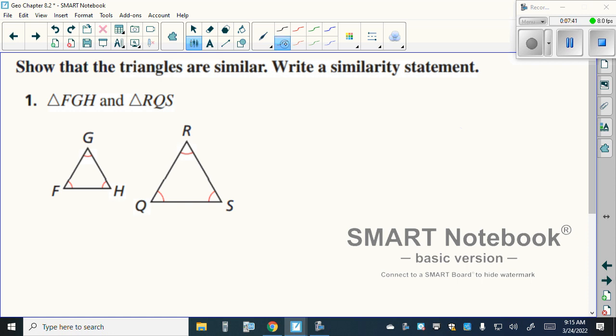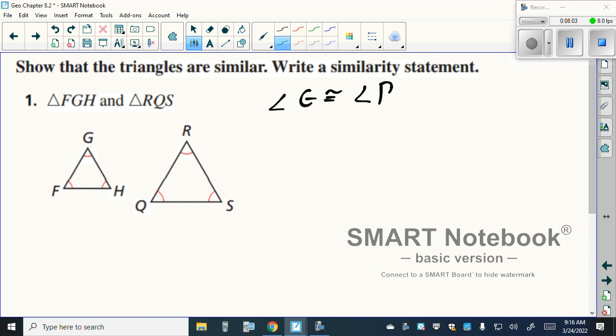Show that the two triangles are similar and then write our similarity statement. Okay. Right, because the angles that have the same number of marks inside of them are congruent to each other. So we can say angle G is congruent to what other angle?